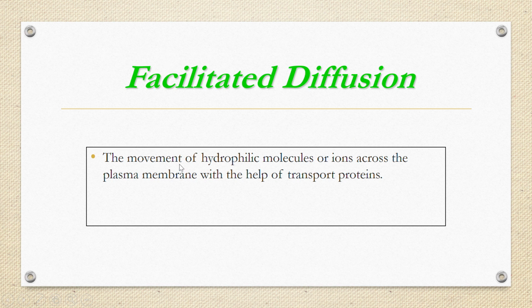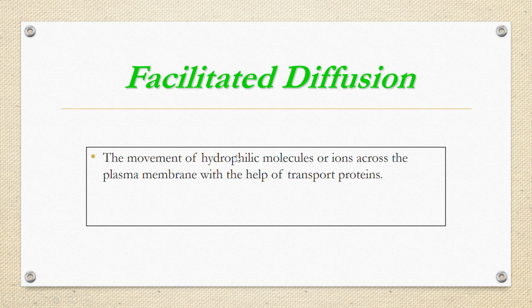It is the movement of hydrophilic molecules or ions across the plasma membrane with the help of transport proteins. Facilitated means aided, so that's why it is with the help of transport proteins, still across the plasma membrane.